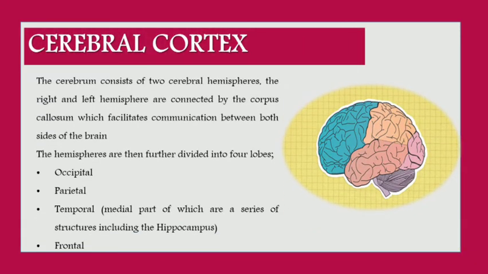The cerebrum consists of two cerebral hemispheres which are connected by corpus callosum, and it facilitates communication between both sides of the brain. The hemispheres are then further divided into four lobes: occipital, parietal, temporal, and frontal. The outer layer of cerebral hemisphere is termed as cerebral cortex.